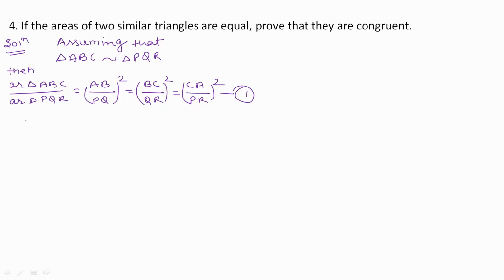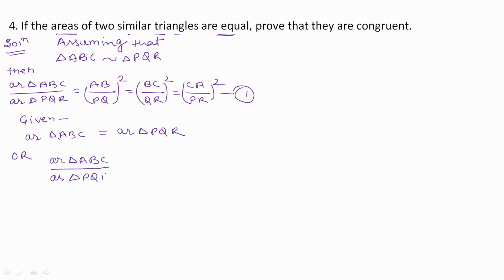It is given that area of triangle ABC is equal to area of triangle PQR. In this question, the areas of the two similar triangles are equal. Transferring the area of triangle PQR to the left side, area of triangle ABC upon area of triangle PQR is equal to 1.